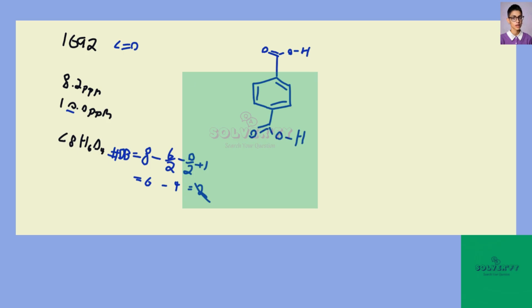And because of that internal plane of symmetry, you only see one type of proton for your aromatic ring and one for your carboxylic acid groups. So just by rationally thinking and going through the process of what we know and what we don't know, we were able to determine the structure of this molecule.